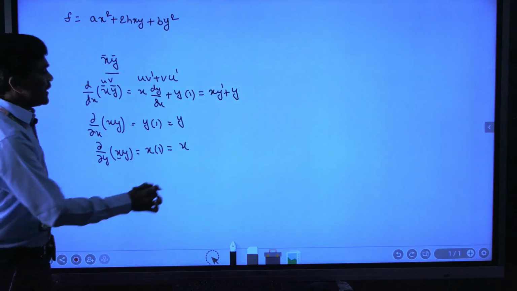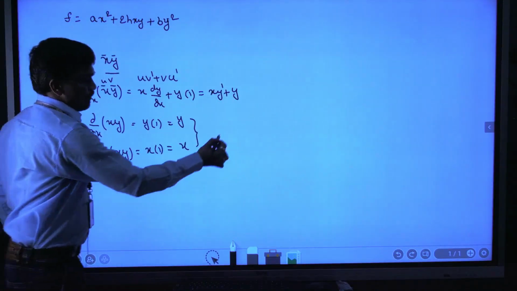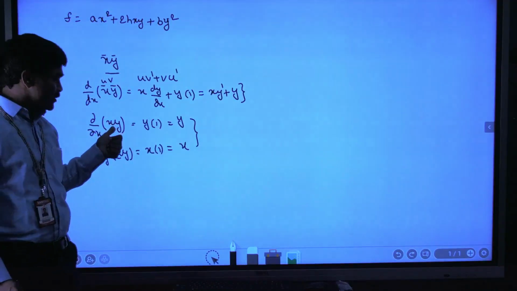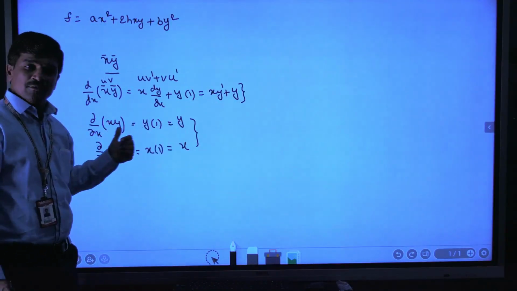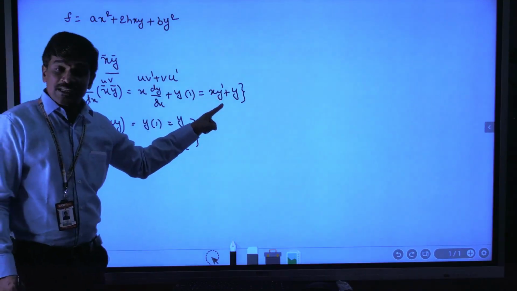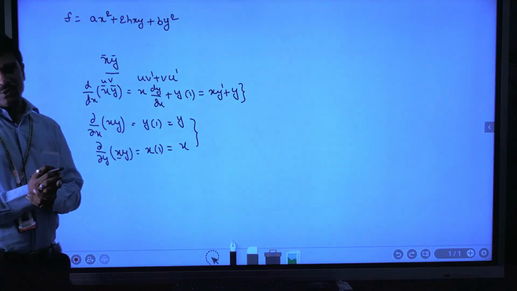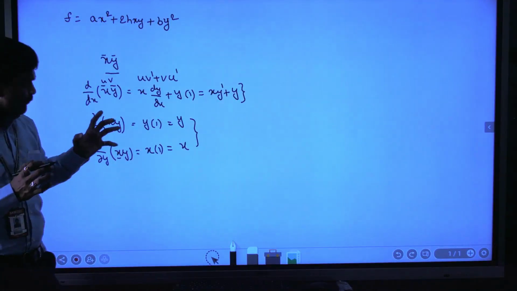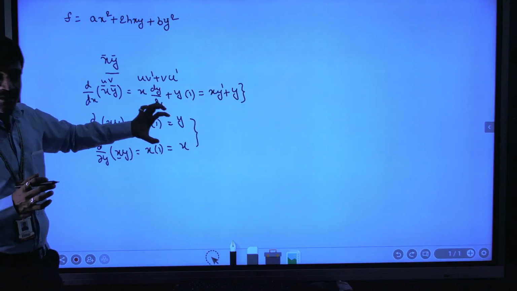This is the difference between ordinary derivative and partial derivative. For the same function xy, with respect to x we get y, and with respect to y we get x. The ordinary derivative is xy dash plus y dash. So this is partial differentiation. Now first of all, consider this one.